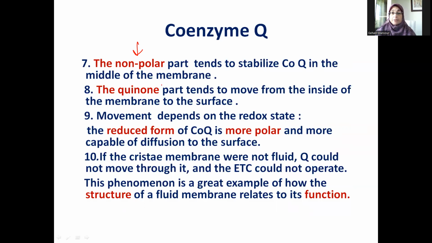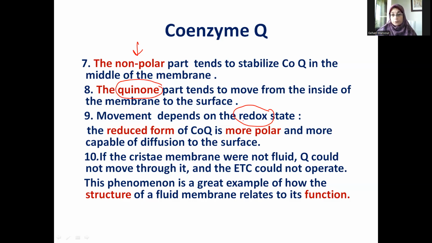It has a nonpolar part, as we said, that tends to stabilize coenzyme Q in the hydrophobic interior of the cell membrane, but it has another quinone part, and that quinone part is the part that can receive the electrons. The movement of that polar part, which is quinone, will depend upon its redox status, meaning that it will depend upon whether it has gained electrons.